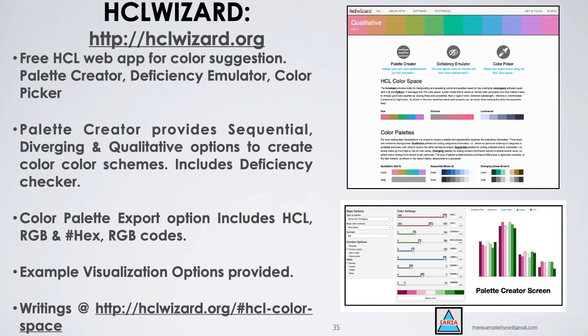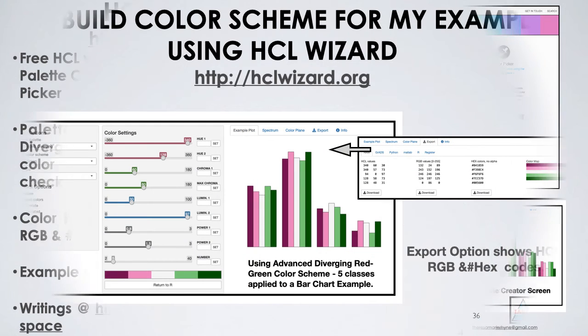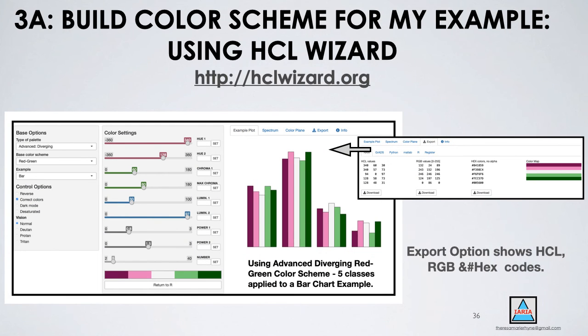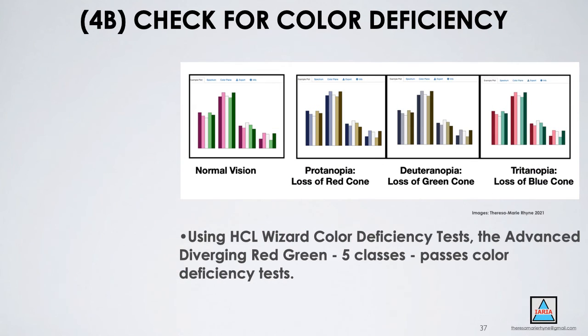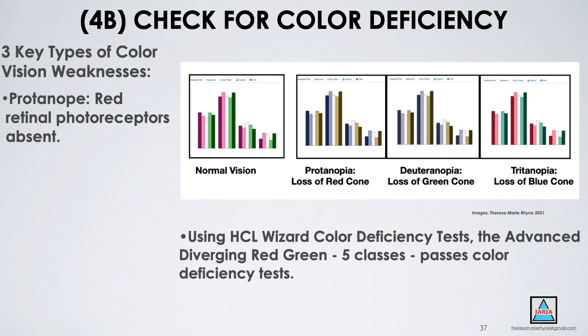See how it has a bar chart? So we can kind of look and see what our bar chart looks like, it's a little close to our Likert scale. So here it is. I'm going to build my color scheme using HCL Wizard. I'm going to do it all over again. And I'm going to check for deficiency. And sure enough, the results are similar. It would be really scary if the results were different than what we got before.